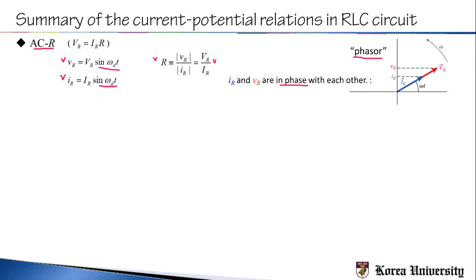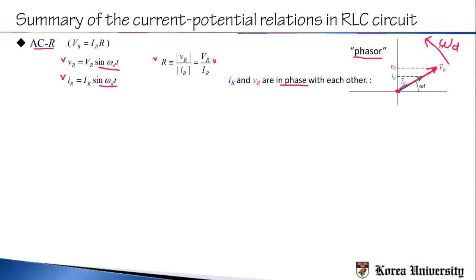You imagine an arrow or a stick, and suppose that one end is fixed at the origin, and this arrow will rotate counterclockwise at a certain angular frequency. In our case, this angular frequency will of course be omega d, which is the driving frequency of the AC source.